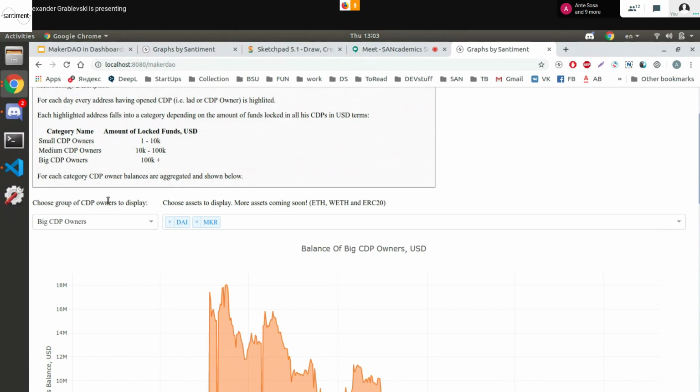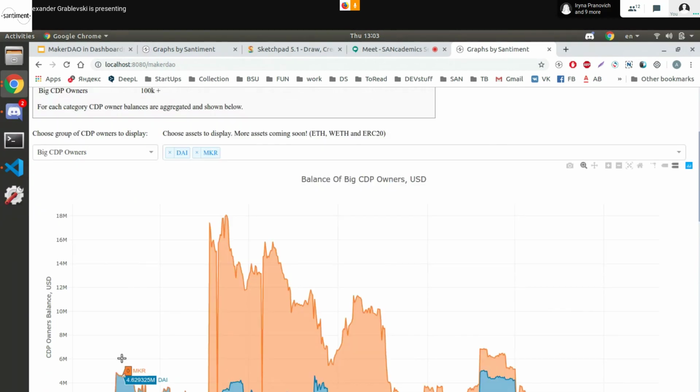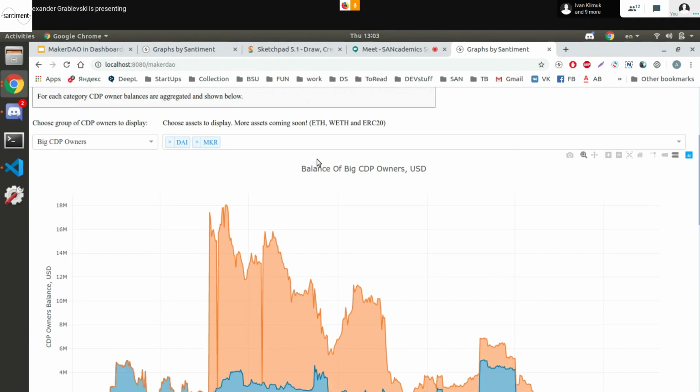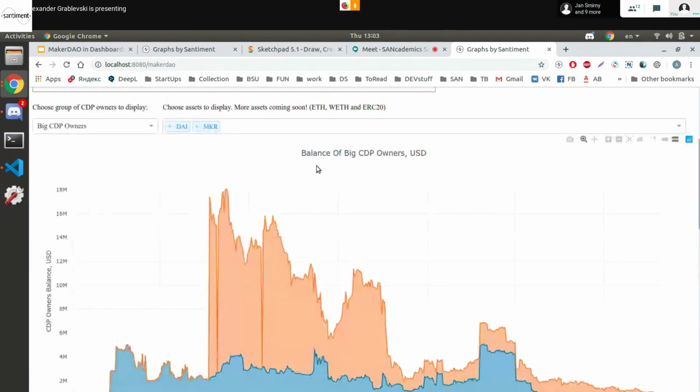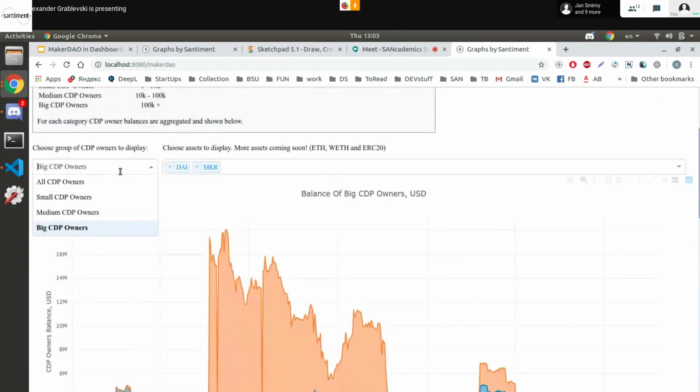And a lot of people argue about which tokens exactly should be put up as collateral. They can't add any token they want, but have to do it one by one. So the question is, what are the most urgent tokens to add? And these graphs help you to distinguish which tokens are popular among all the CDP owners.